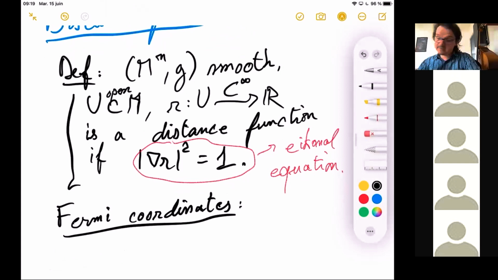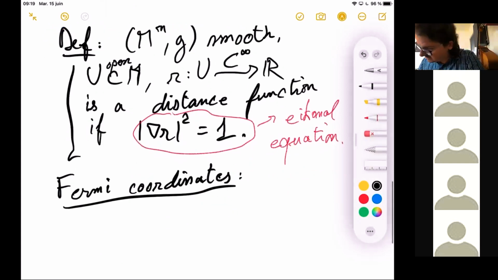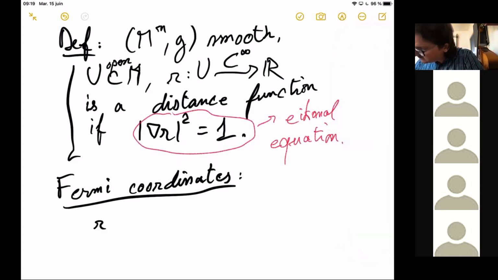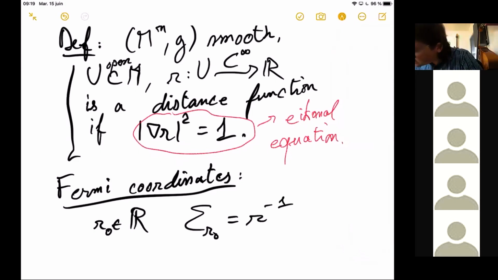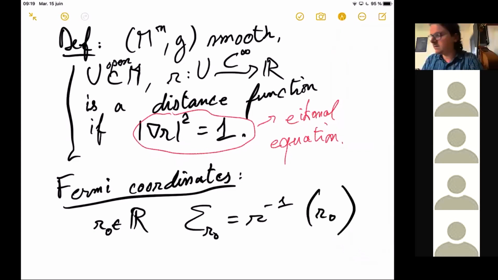How are they defined? Let r naught in R, and call sigma r naught the preimage of r naught by this distance function.